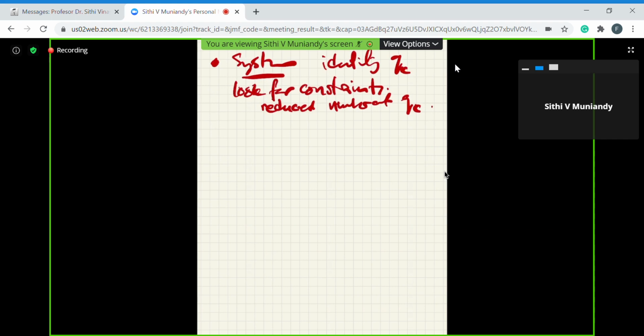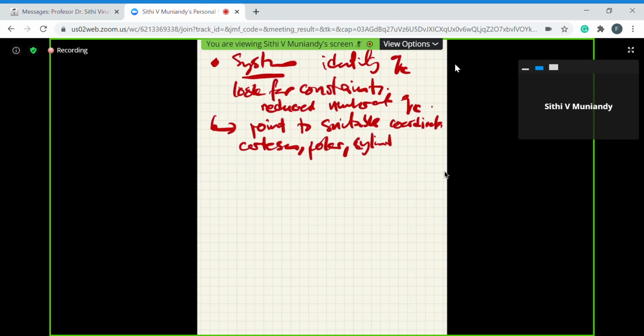Once you get these, they will point to a suitable coordinate system. Typically you have Cartesian, polar, cylindrical, and spherical, at least among the Euclidean systems.